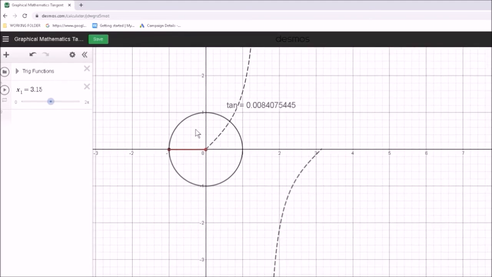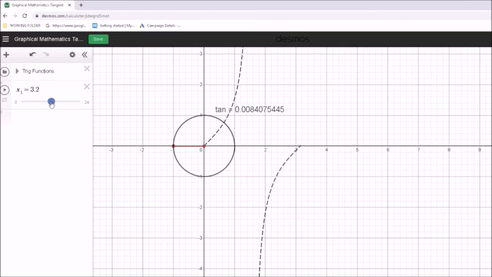Now I'll zoom out a bit so you can see the rest of it. Now if we head into the third quadrant, so this is the first quadrant, that's the second quadrant, and this is the third quadrant, you can see now that the y distance is getting bigger and the x distance is getting smaller, but both of them are negative values. The y value is negative, the x value is negative, so when you divide a negative by a negative, you get a positive value, so the function starts to head up again.